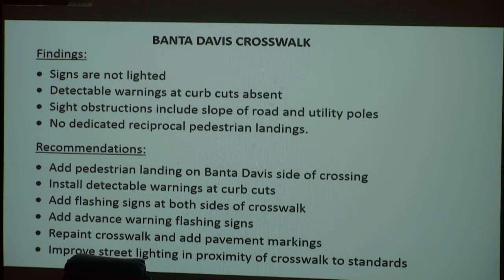So the recommendations are to put in a landing, install the detectable warnings, add flashing signs at both crosswalks, and then also add another set of advance warning signs. Repaint the crosswalk and add yield pavement markings. And again, look at the lighting to see if it can be improved in terms of lumens and proximity.